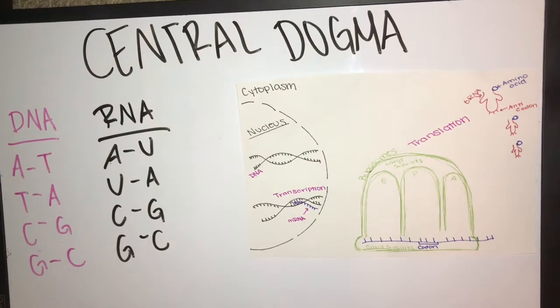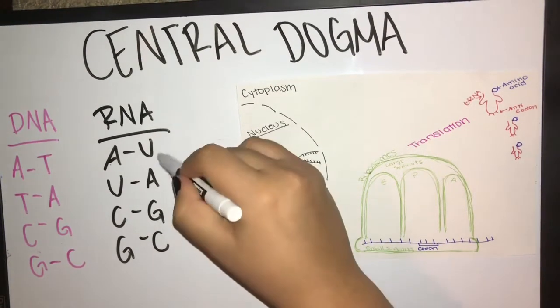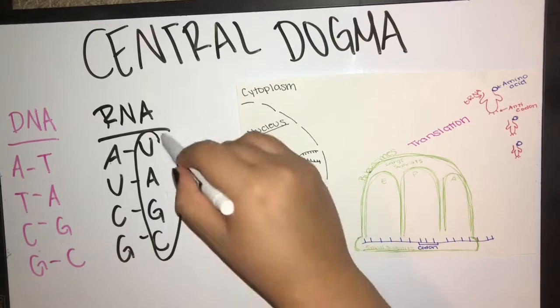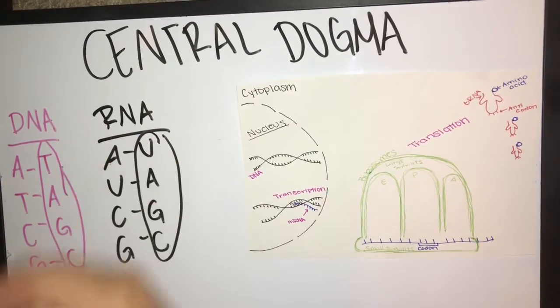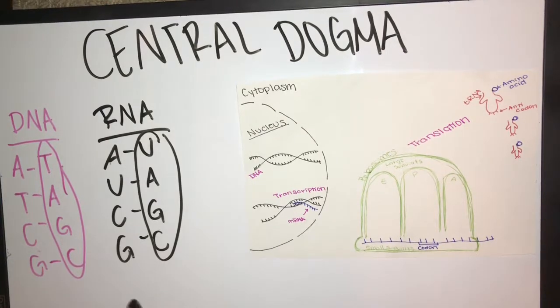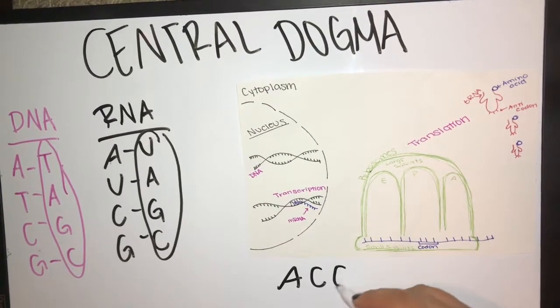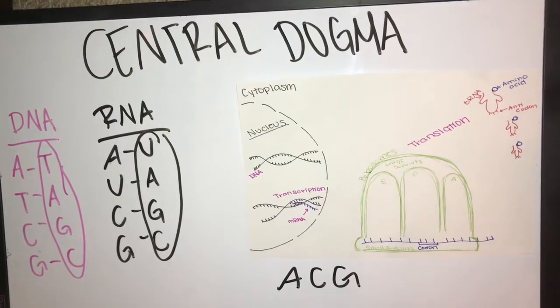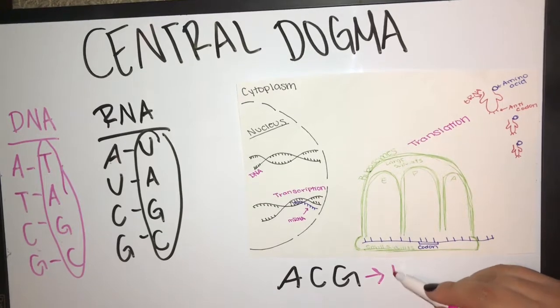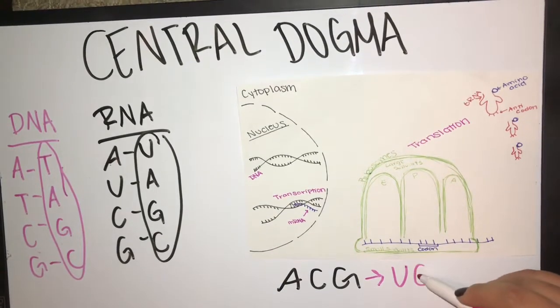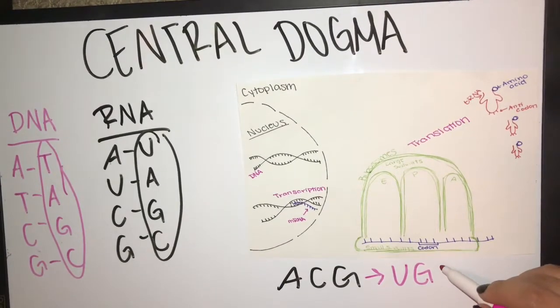Basically, what an anticodon is, this part and this part, it's the opposite of the original one. So let's say, for example, this one here has A, C, G. Well, the anticodon will obviously be U, G, C.